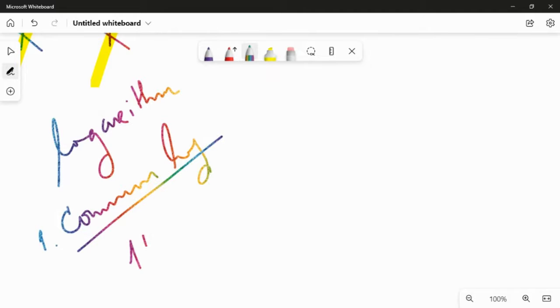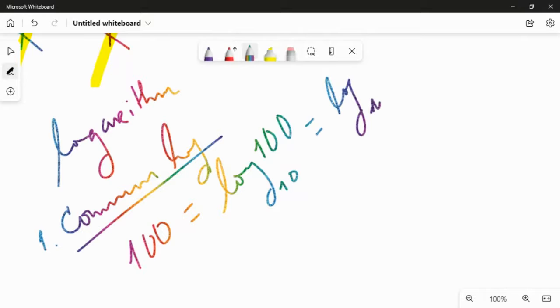So for example, we can express 100 as base 10 log of 100, which is base 10 log of 10 squared.